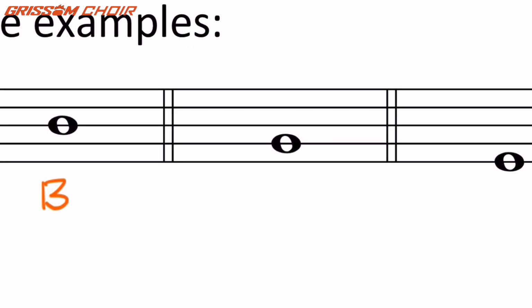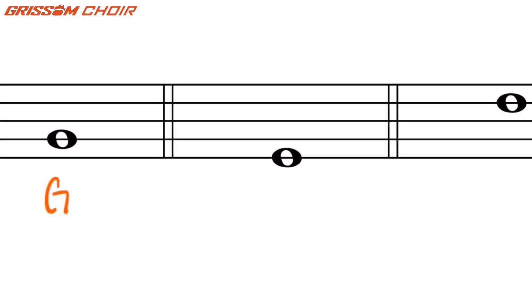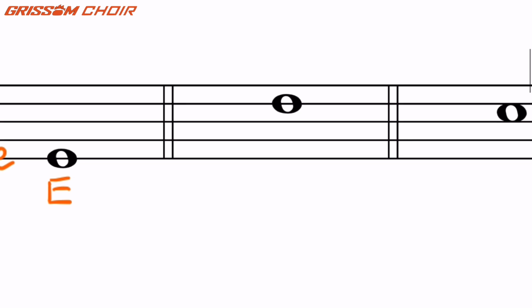We know the bottom line is E. The second line is G. That has to be a G. The next one is on that bottom line, which is E. The fourth line, every good boy does. It has to be a D.